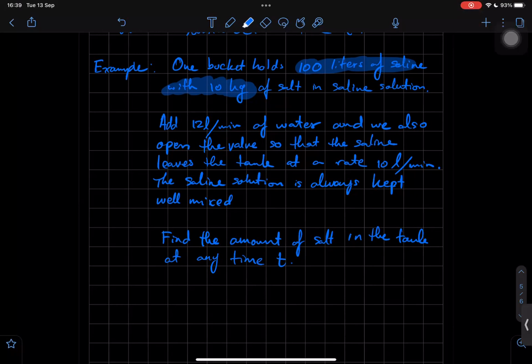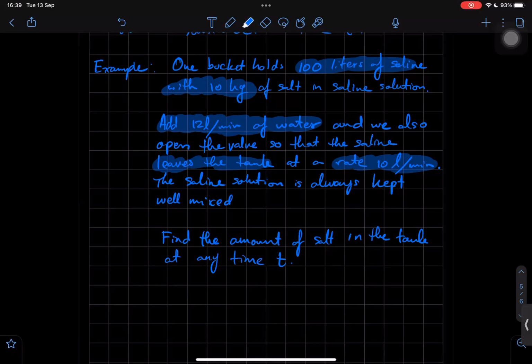Okay, we know this one. Okay, add water. So this one is going to be the in, right? And then leave the tank, right? Leave the tank at the rate of this.